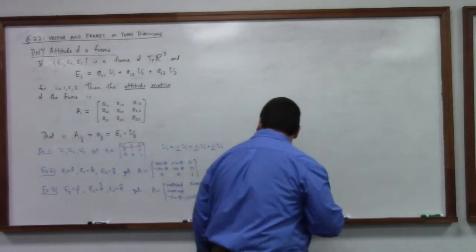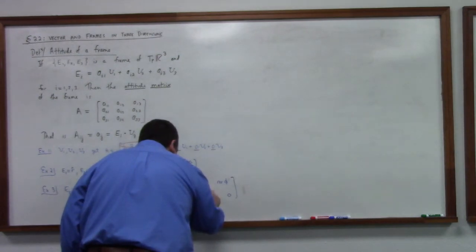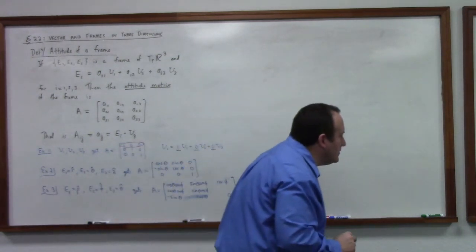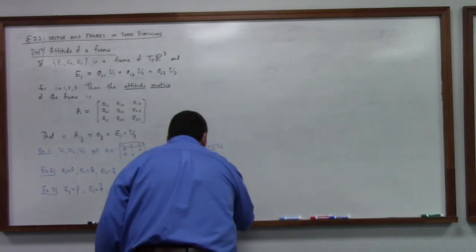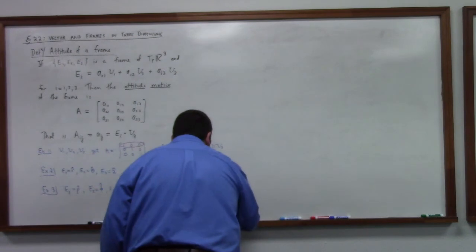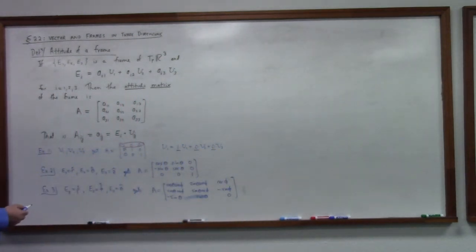Sine theta, cosine phi, and minus sine phi, rather. Okay, great. So these are the attitude matrices for each of these frames.